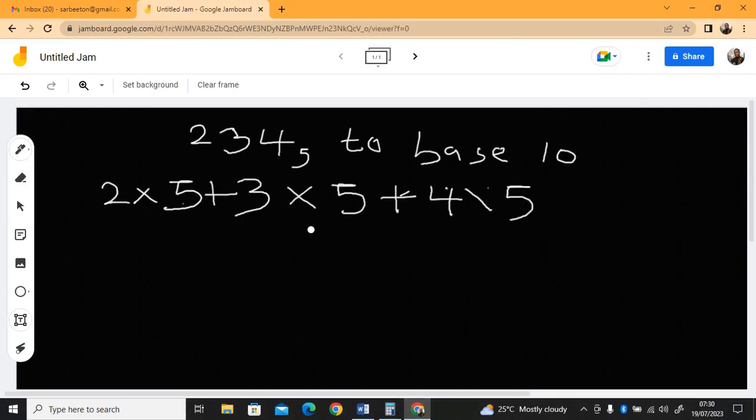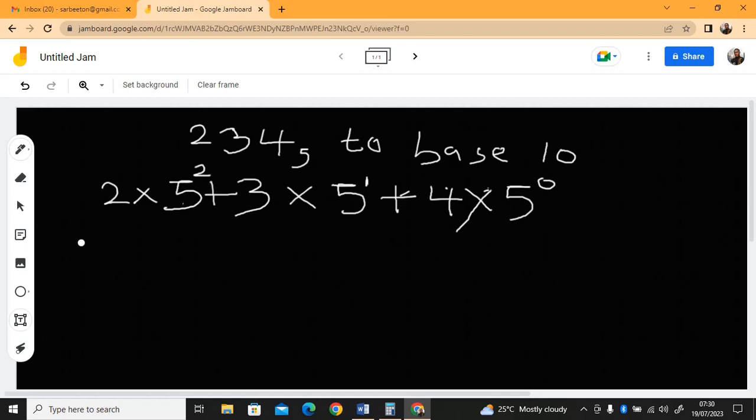So this is it. Next thing is that you put a power on each of them. So here is going to be 0, here is 1, and here is 2, right? I think we are right with this.